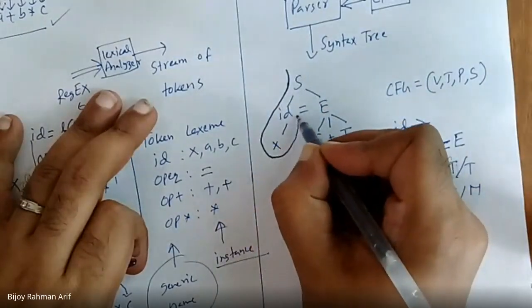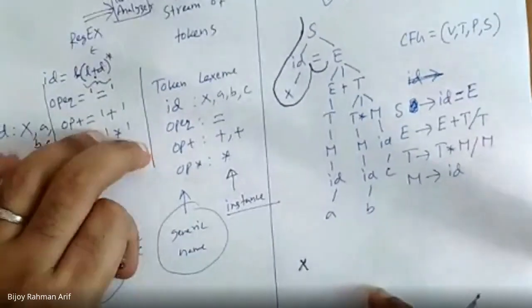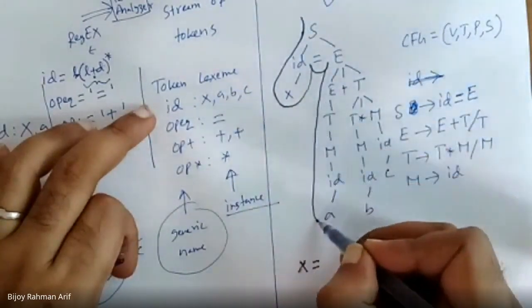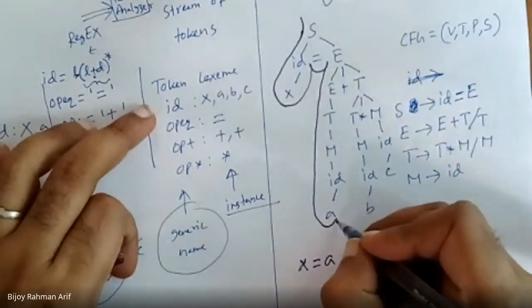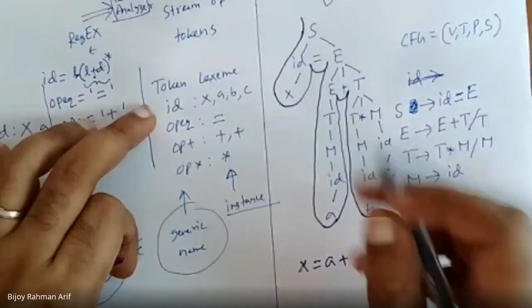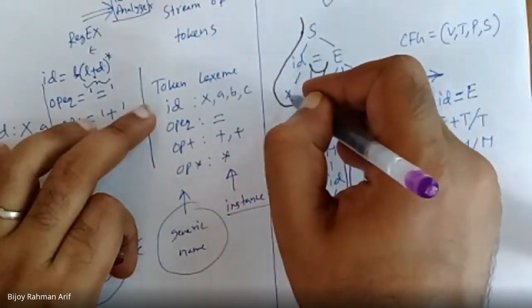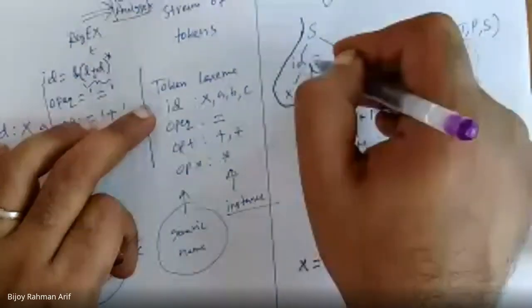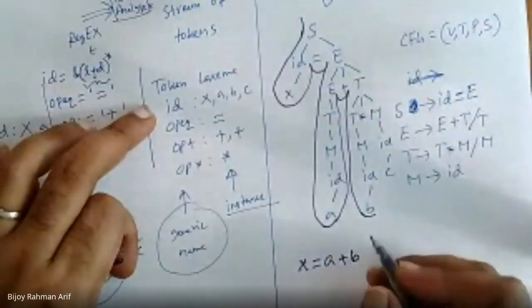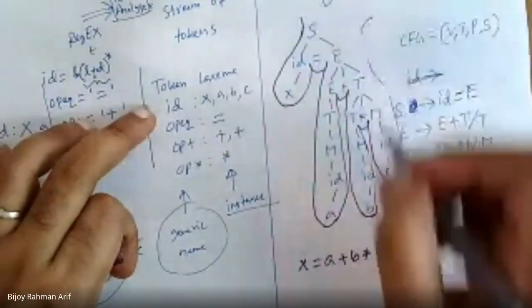X is the first terminal I get, then I get equal, then A, then plus, then B, then star, then C. I'm done.